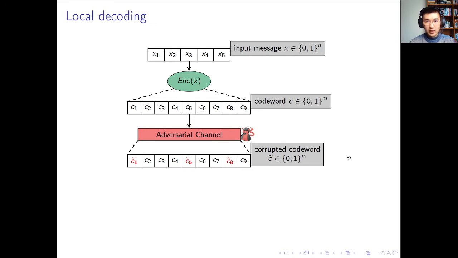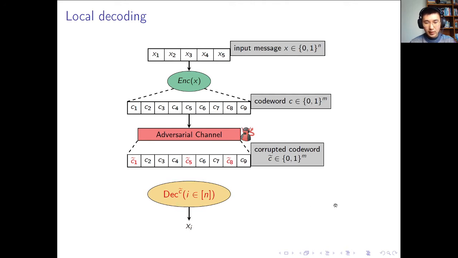So let's take a look at this diagram. We have some input message x, and then the message is encoded into a codeword C, which is usually longer. And then the codeword is sent through some adversarial channel and gets corrupted to some C tilde. And here's the local decoder. Note that it's only interested in one bit of the input message instead of the entire message as in the global decoder case.